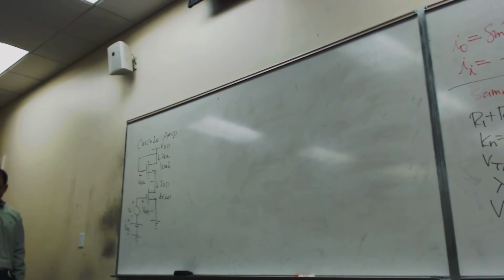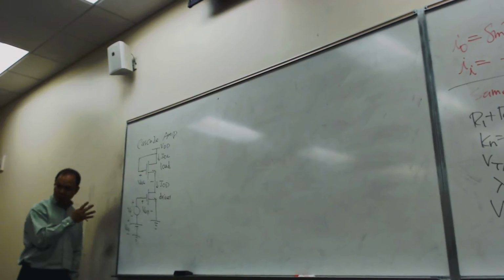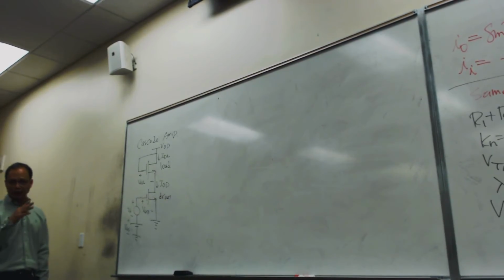I'm not going to use any numbers. I will just give you the expressions. Okay. So now you can see, I think we did something similar, right? In the previous chapter, when we were talking about the DC biasing. Remember? Okay.